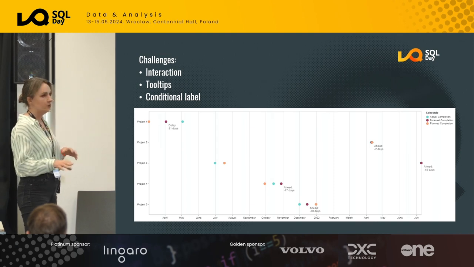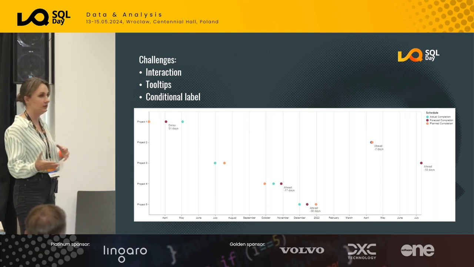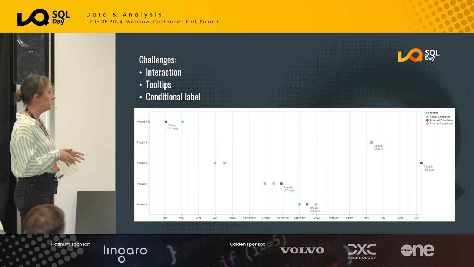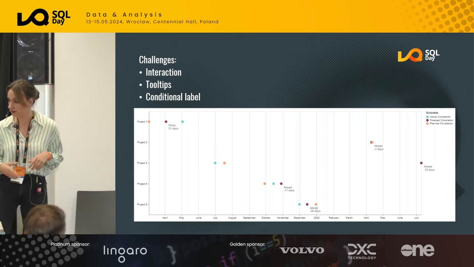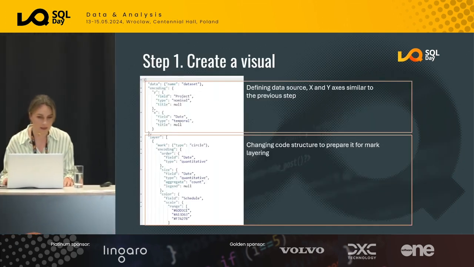And the tooltips, which are part of the interactivity, but more straightforward. It's something that you would expect, and it's even easier to configure than the interactivity itself. So let me go to the next slide.